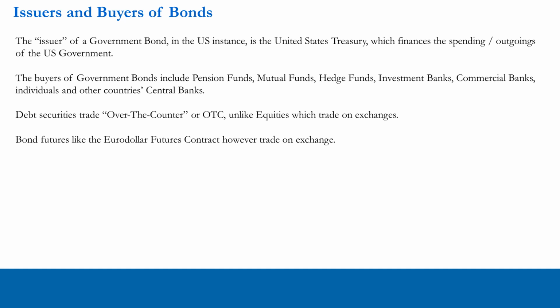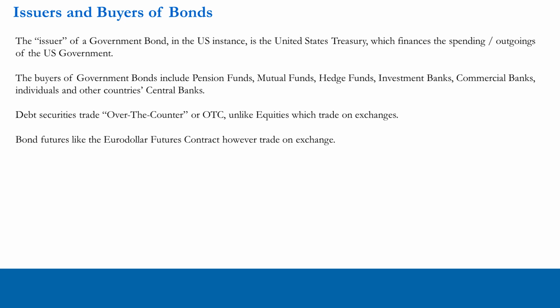the entities that are investing or lending money to the US government, the buyers of government bonds are pension funds, mutual funds, hedge funds, investment banks, commercial banks, even individuals, and even other countries. So other countries' central banks.